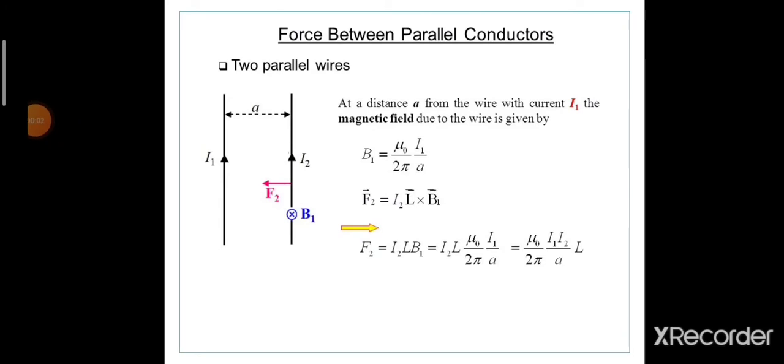Let us consider two infinitely long straight wires carrying currents I1 and I2 in the same direction.